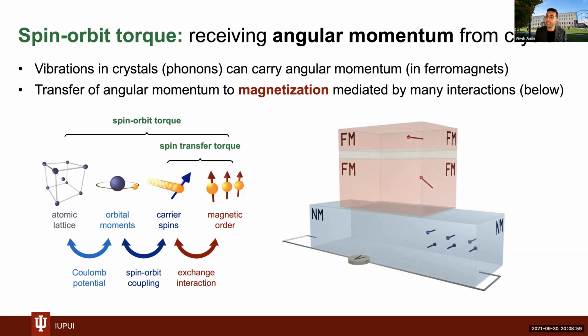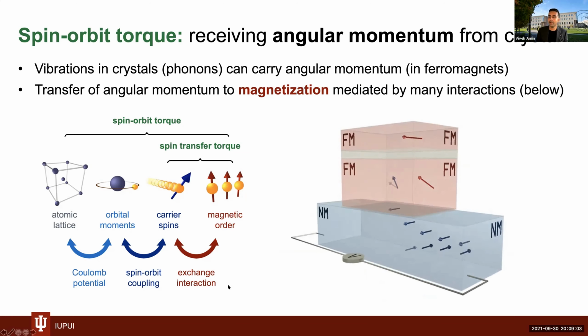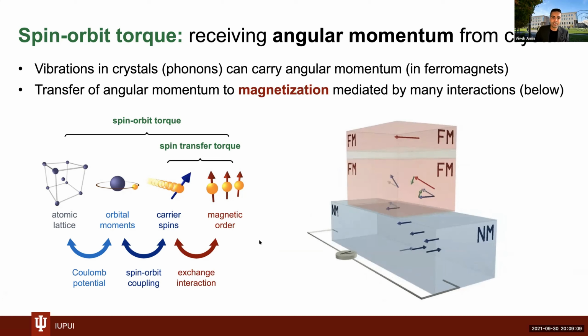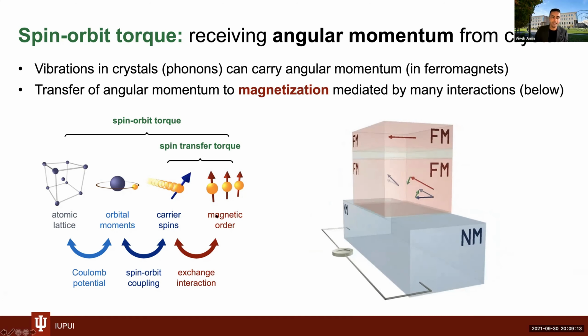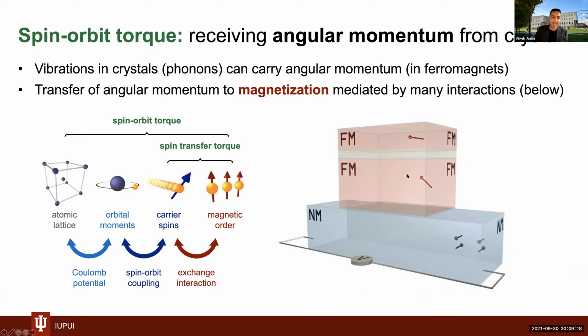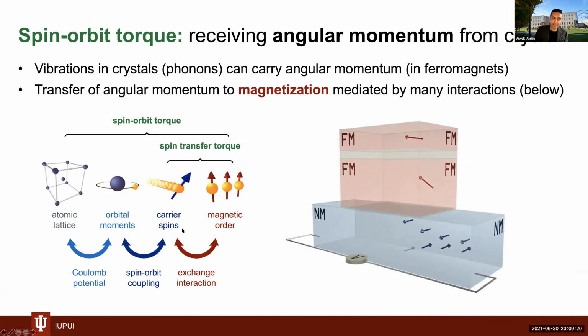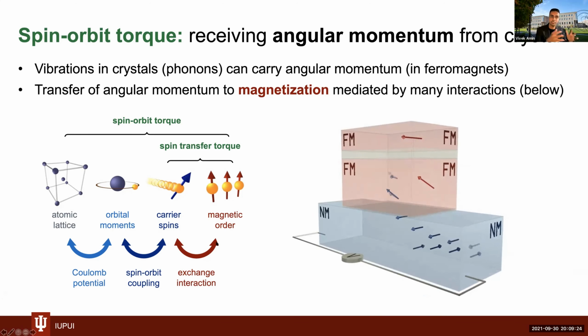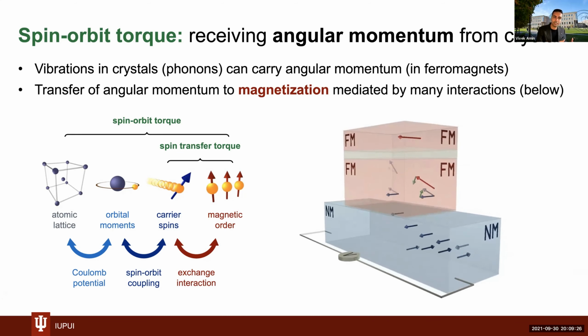Unlike spin transfer torque, it's useful to think about this in terms of what the populations of spin are and what the reservoirs of angular momentum are. With spin transfer torque, we have two reservoirs of angular momentum which are interacting with each other. There's the magnetic order in the ferromagnetic layer, and then there are the carrier spins, and they're interacting via the exchange interaction. But when we go from spin transfer torque to spin-orbit torque, we extend this interaction.